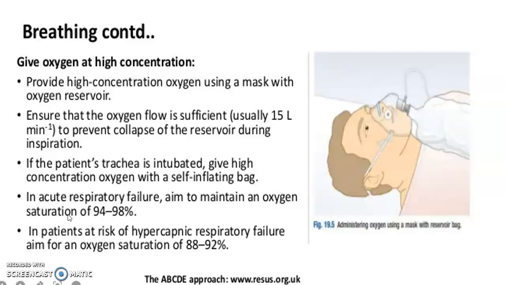This is the target. In patients at risk for hypercapnic respiratory failure, aim for an oxygen saturation lower than the previous one, that is between 88 and 92. So, especially in patients with chronic respiratory problems like COPD or chronic asthma, this may be the target.